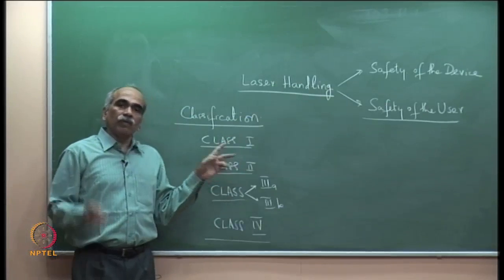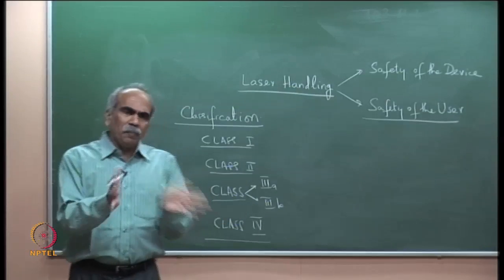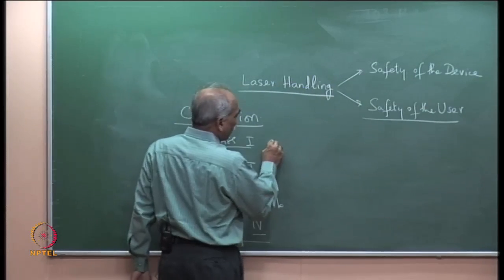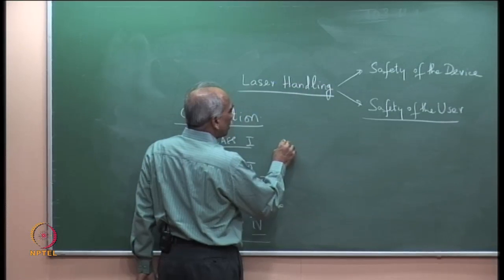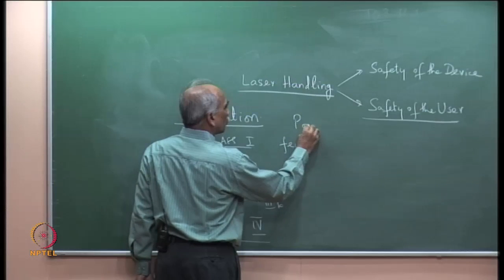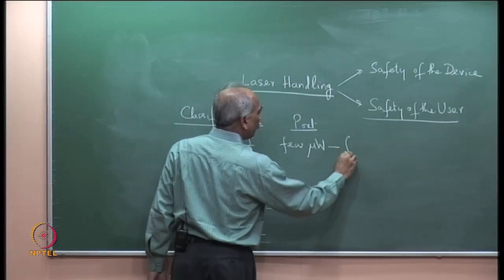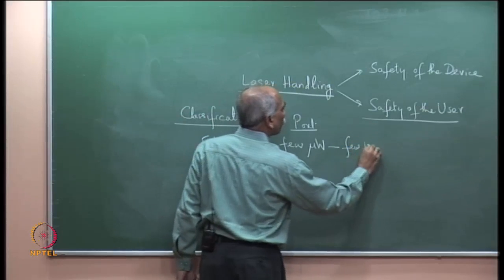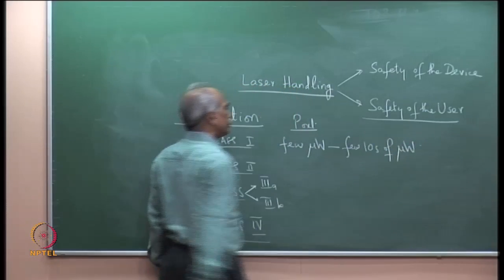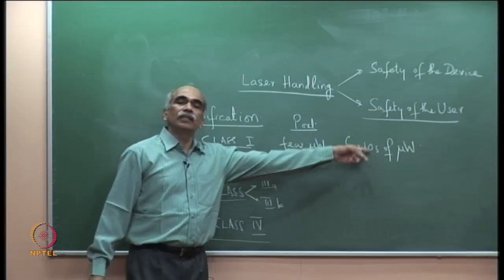Actual classification will also depend on what is the wavelength of emission, but typical approximate range of powers, class 1, the power is typically few microwatts P out. So, this is P out, few microwatts to few tens of microwatts.